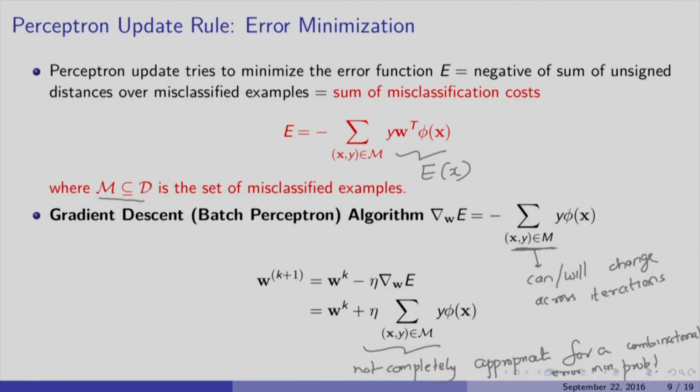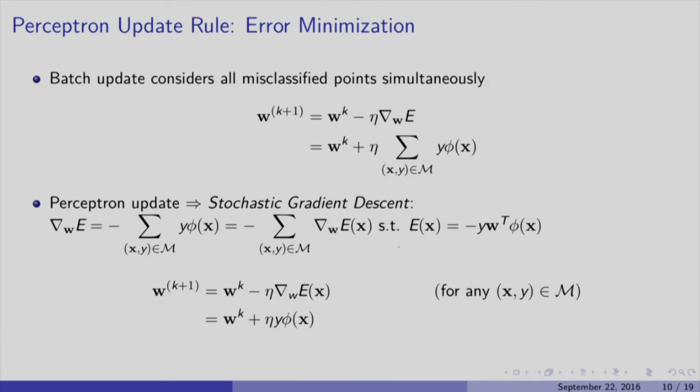In fact, it is possible that if you were to update the weight vector for a single example which is misclassified, a whole bunch of other misclassified examples might end up being correctly classified. So instead of considering all misclassified points simultaneously, how about an approximation? How about being stochastic in the update, which means consider the error function and the gradient of the error function as a sum of the gradients of the error function computed for each point.